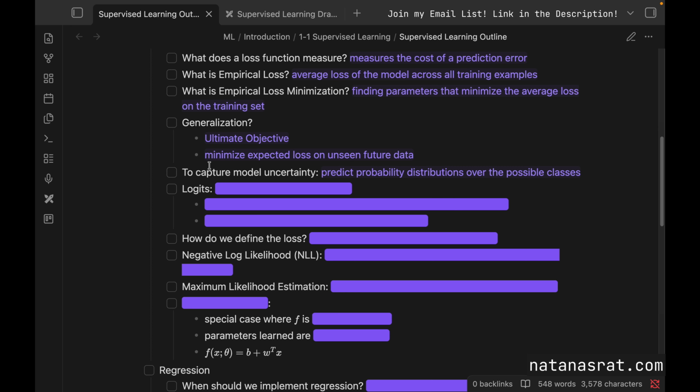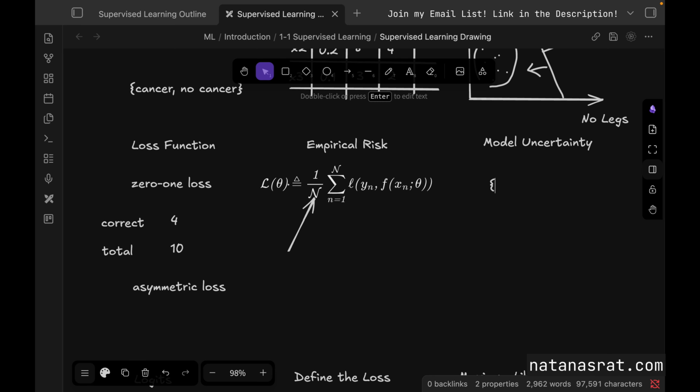When we're working with such machine learning models, we want to capture how uncertain the model is. So instead of predicting cat and dog with 100% certainty, we're going to predict probability distributions over the possible classes. So for example, we can say for cat, the model predicted 70%. Let me write this as percentage.